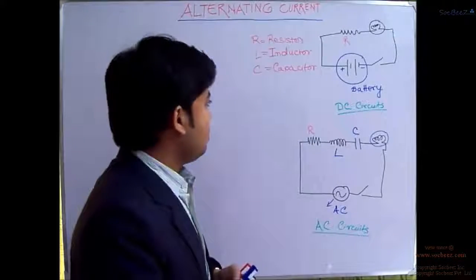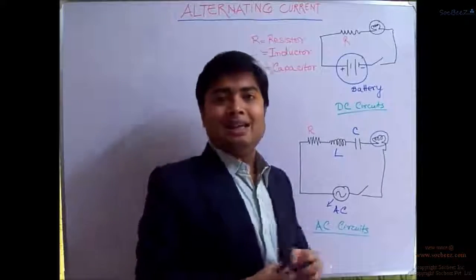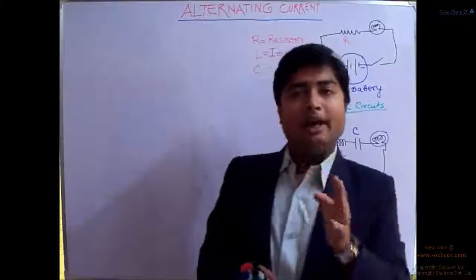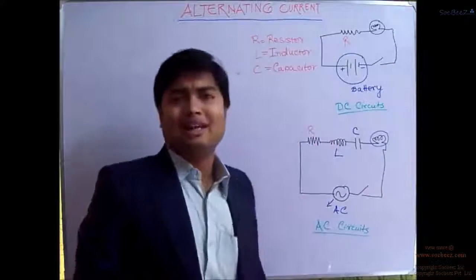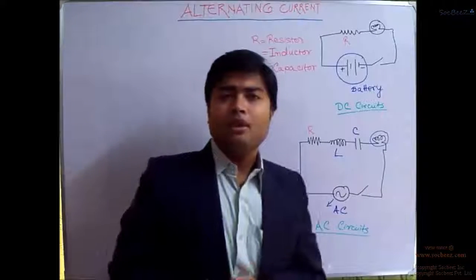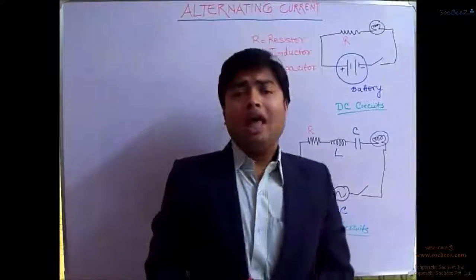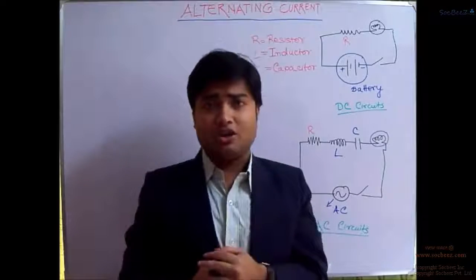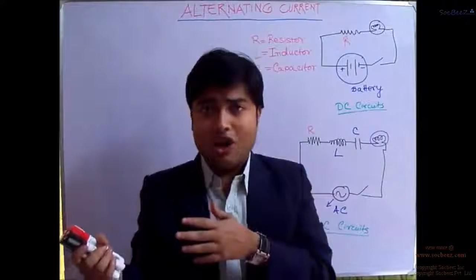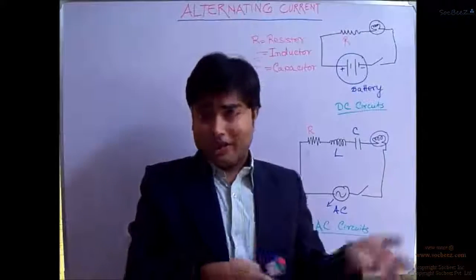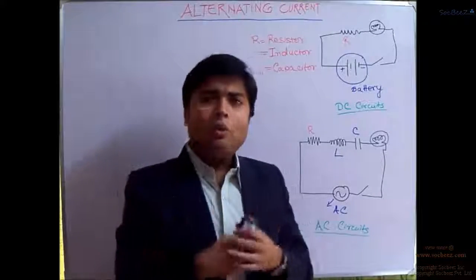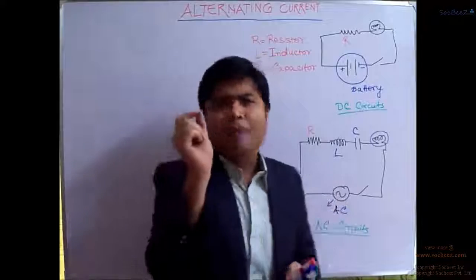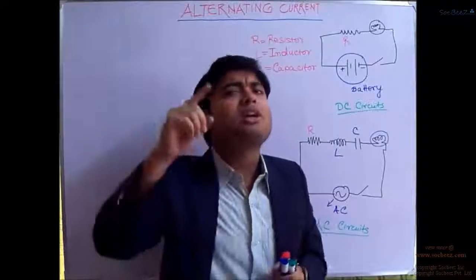Now, about AC or alternating current, this goes about the circuits, right? First of all, as we have mentioned, with the introduction of Faraday's law and Lenz's law, we know that the change of magnetic flux could produce a current.